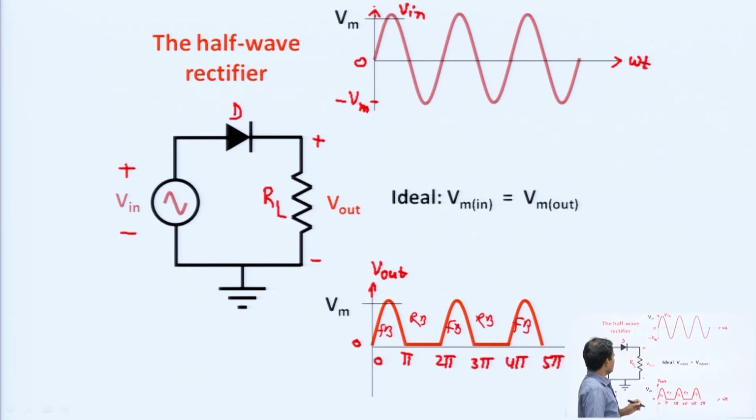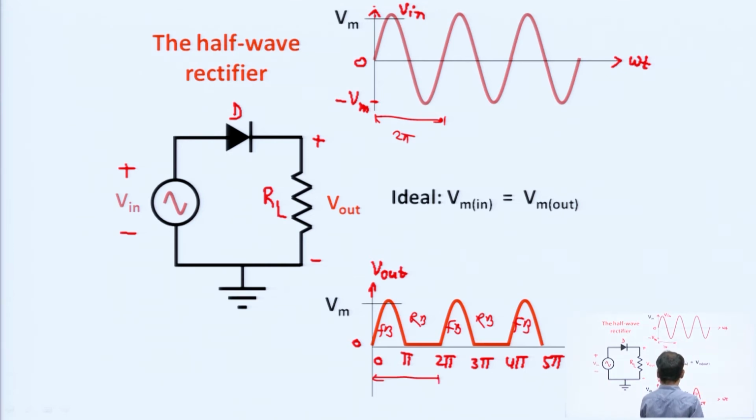This is the time period of the input signal, the periodicity of the input signal is 2 pi, and the periodicity of the output signal is also 2 pi, because after 2 pi radian the output signal repeats. That is why the time period of the output signal is equal to the time period of the input signal.